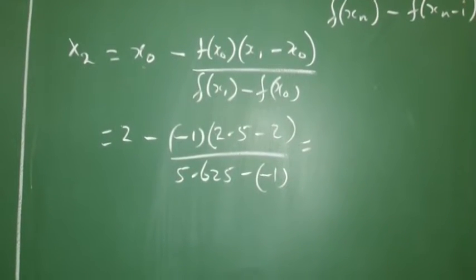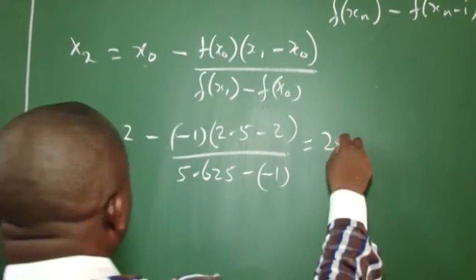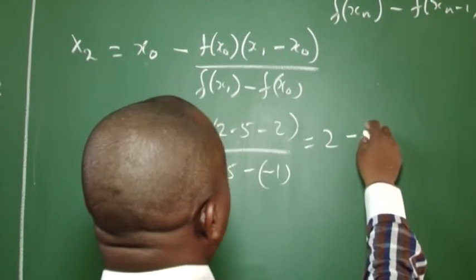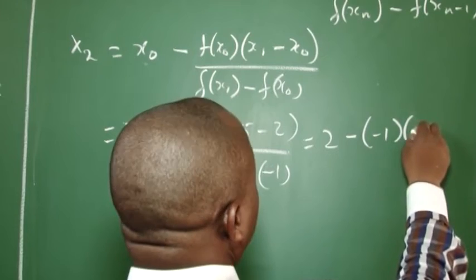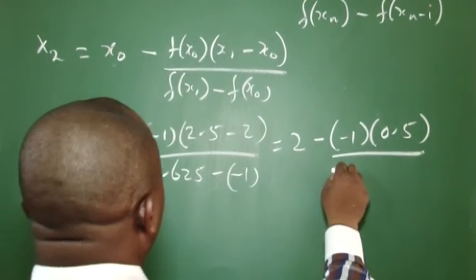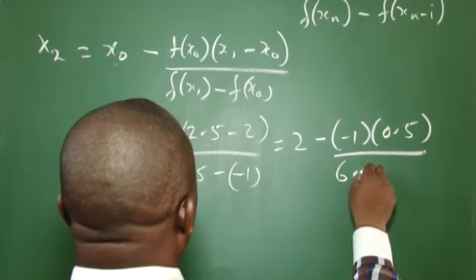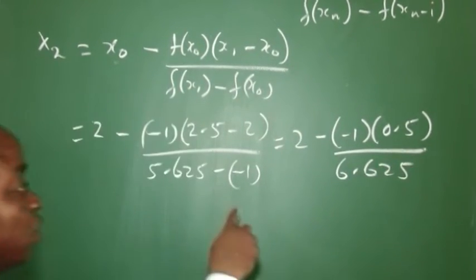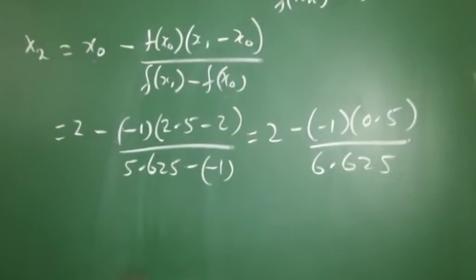So with that we have 2 minus 1, 0.5 over 6.625. That is minus 1 times minus 1 is plus.